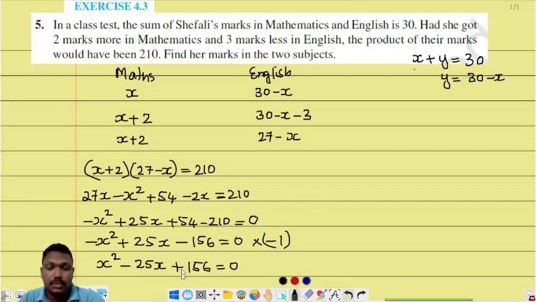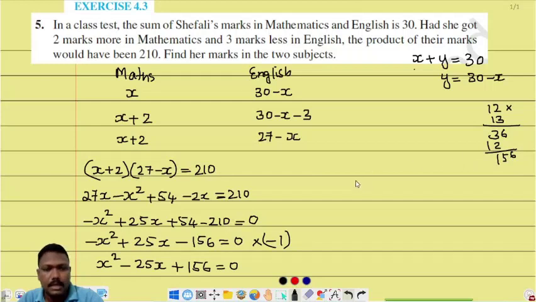So the product of two numbers is 156 and the sum of two numbers is 25. Let me check this with 12 and 13. We can check because the sum is 25, the product we have to check. 2 into 3 is 6, then 3 into 1 is 3, 2 into 1 is 2, 1 into 1 is 1, so it will be 156.